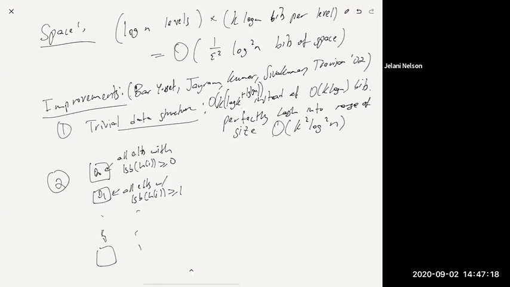Okay? And for the parallel data structure that gives a constant factor approximation, since k is 1, all we need to keep track of is the largest least significant bit of any hash evaluation we've ever seen. That will tell us what the deepest level is that got hit, right?